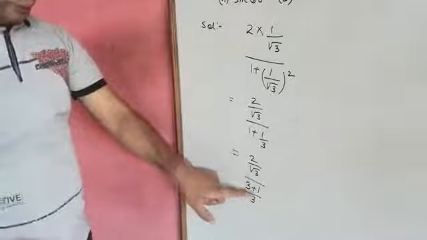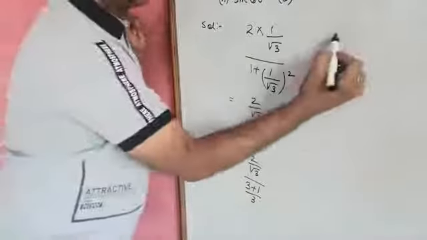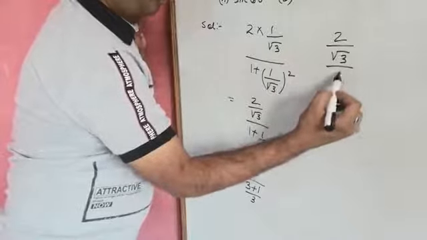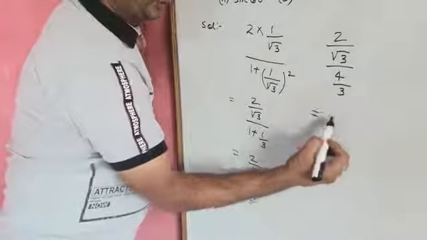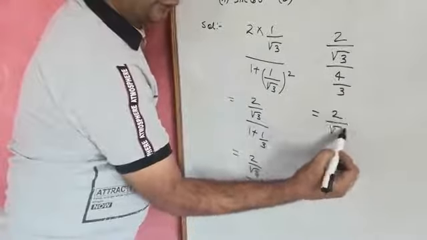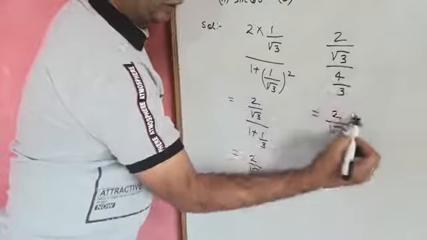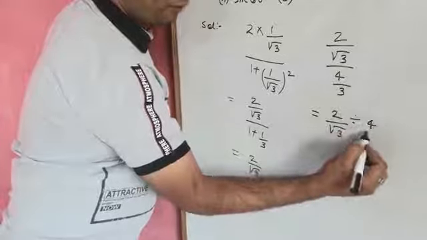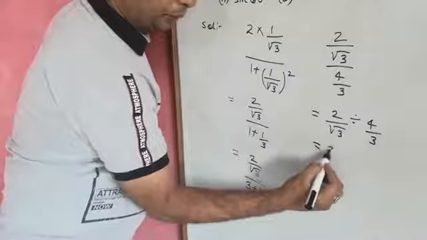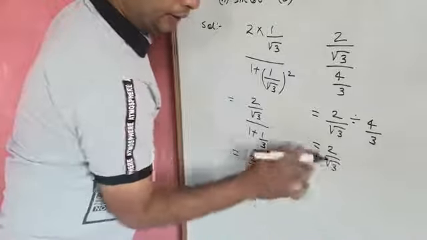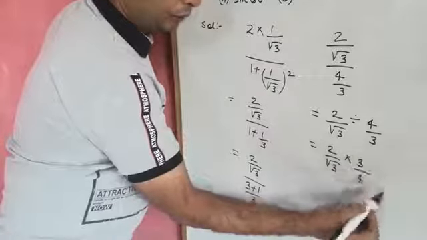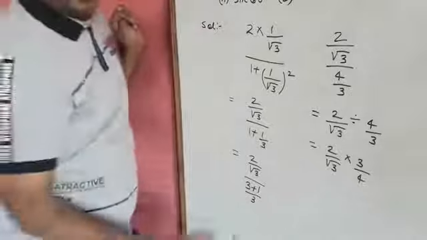So it will be equal to 3 plus 1, that is 4 upon 3. So it is equal to 2 upon root 3 divided by 4 upon 3. This will be equal to 2 upon root 3 with a divide sign, 4 upon 3. The 3 will go up and the 4 will come in the denominator.